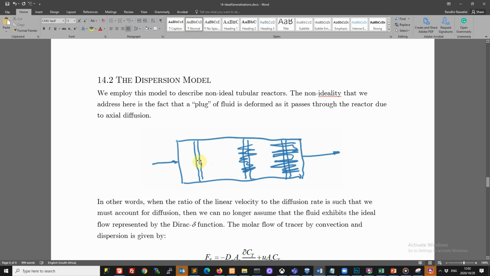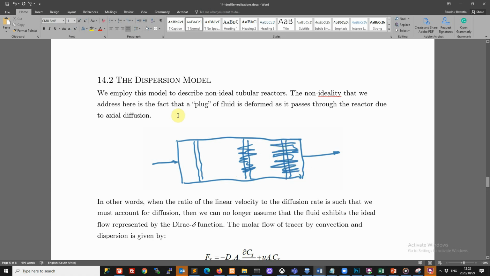But as we progress further into the reactor, we get lateral movement. So the molecules start to diffuse away from that original plug, and they start to mix into other packets of fluid elements. And of course, the more time we have in the reactor, the more that's going to happen.